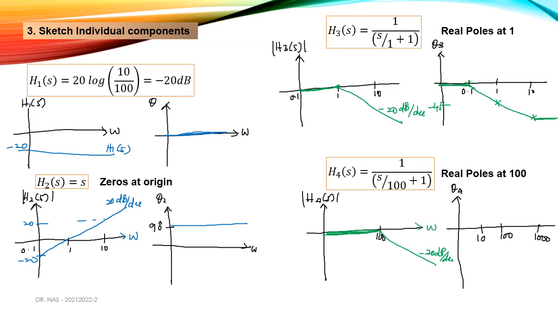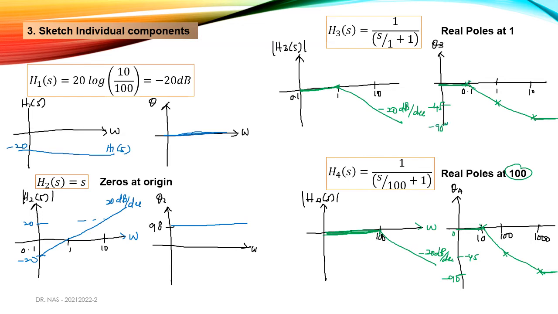The phase at that frequency is negative 45, extend to the earlier and next decade, and the rest will be 0. So here is negative 90, negative 45, and 0. The maximum is negative 90 degrees.